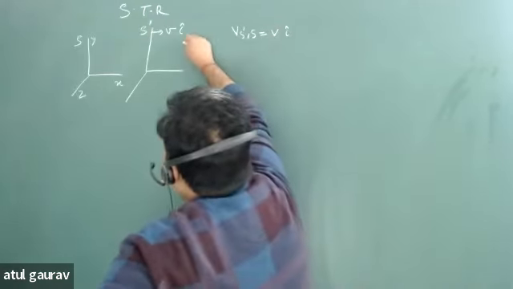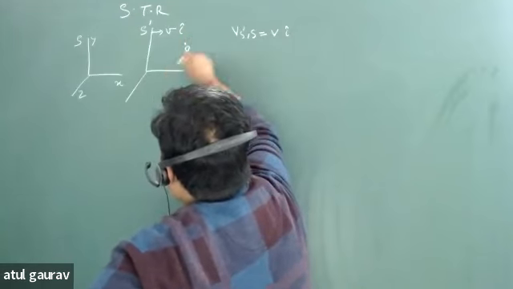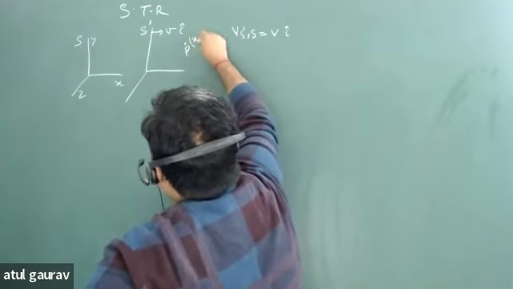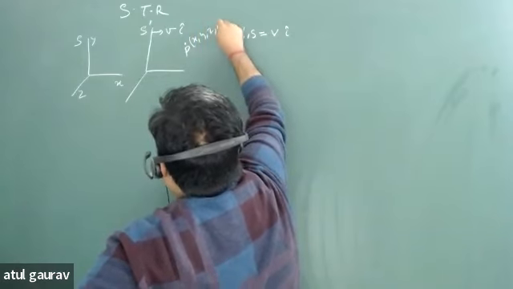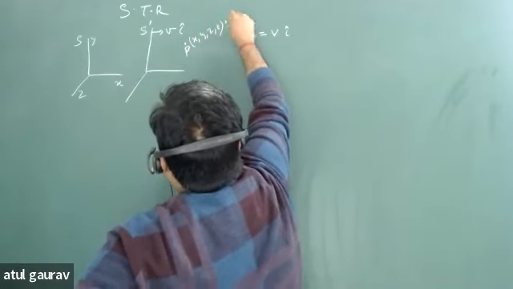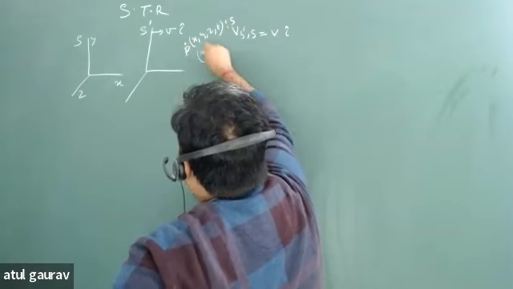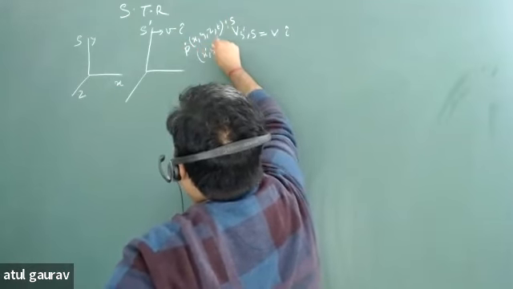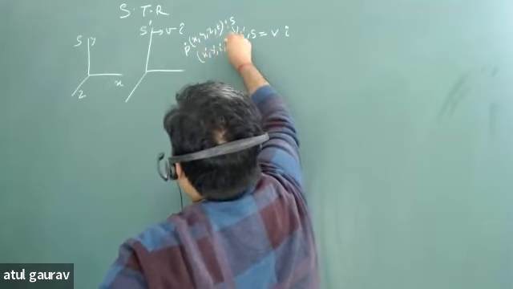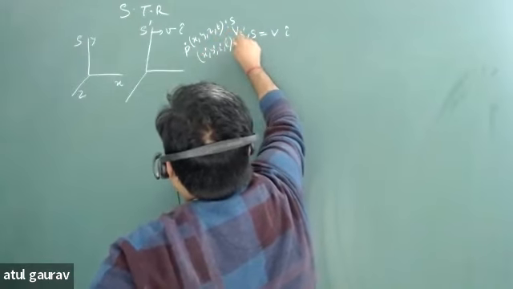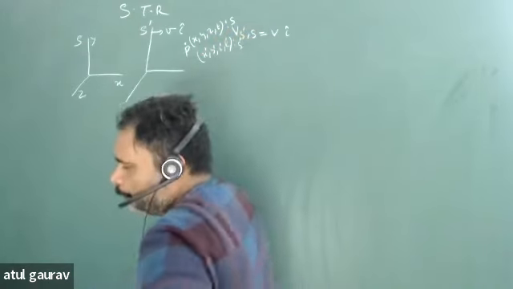Now there is a point P. The coordinates of this point are X, Y, Z, and T from the S frame, and the same are X dash, Y dash, Z dash, and T dash from the S dash frame.